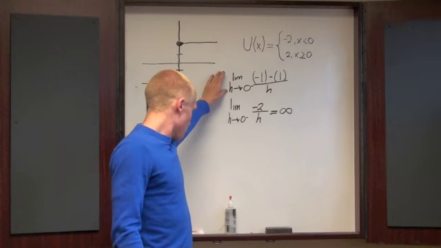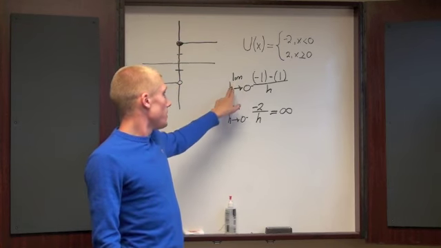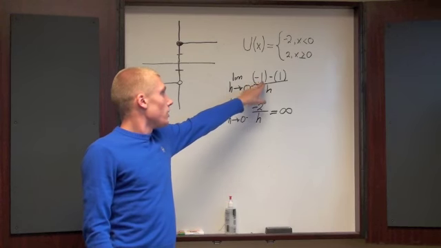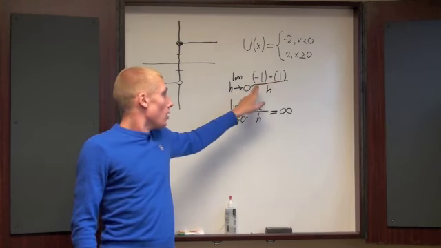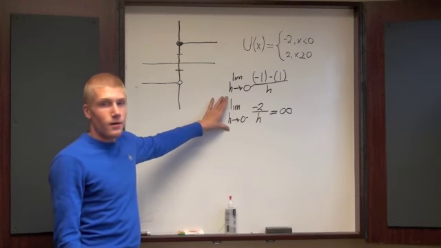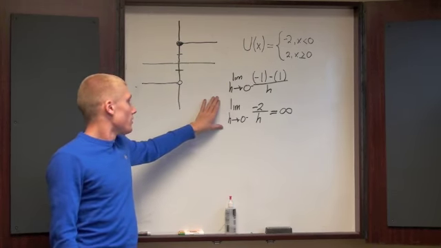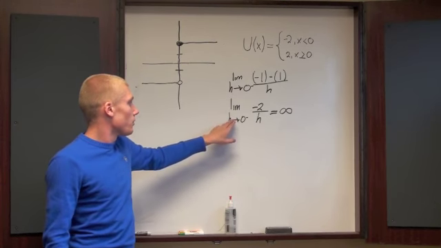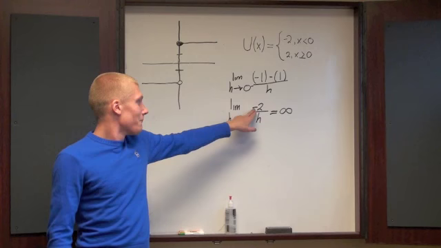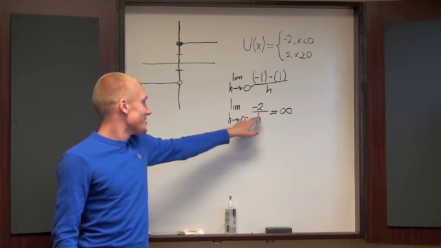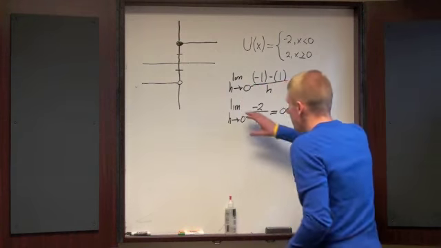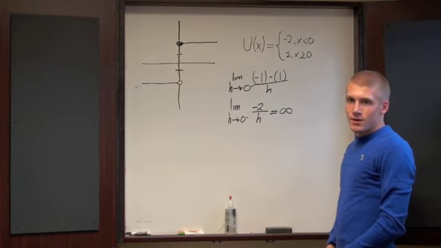By using the limit as h approaches 0 from the negative side, we have -1 minus 1 over h, using the equation I showed you earlier. I hope you listened. The next step is the limit as h approaches 0 from the negative side of -2 over h equals infinity, which shows how the left-hand derivative fails to exist.